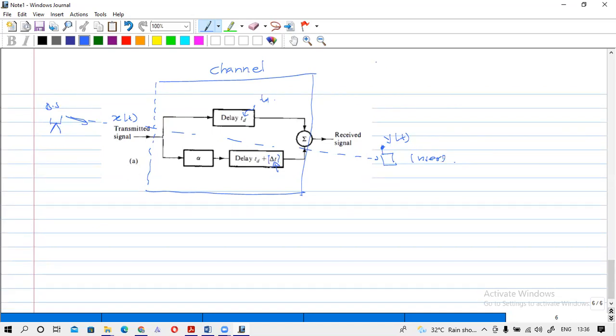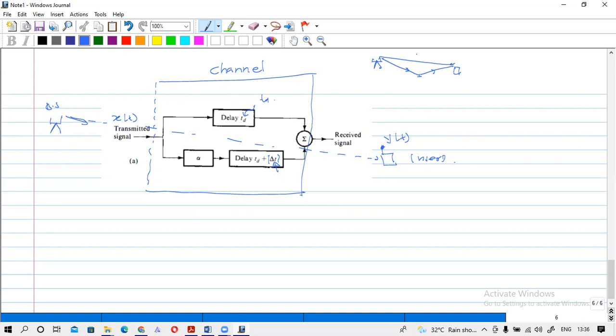If we have a base station and a user, one signal is coming like this, and another is a reflected signal. So these two signals are represented here.